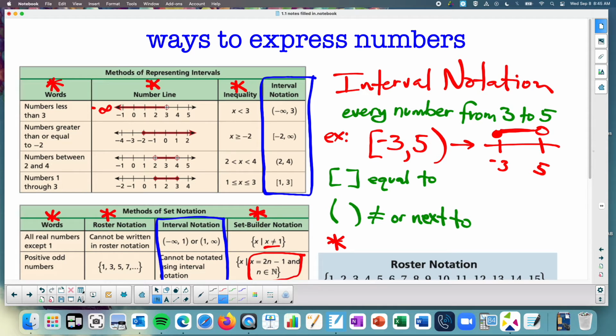So we treat infinity like a number. So we would say it's between -infinity and 3. And anytime you have an infinity, it can't be equal to it. So an infinity would always have parentheses. And then like this one, it's between 2 and positive infinity. But it's equal to -2. It's equal to it, so it has a bracket.